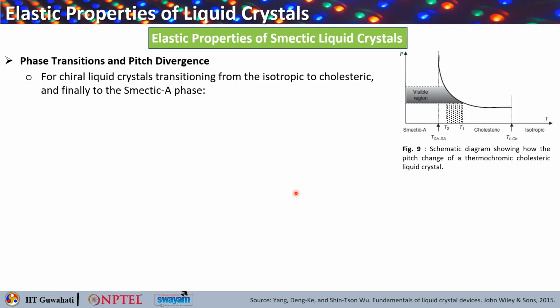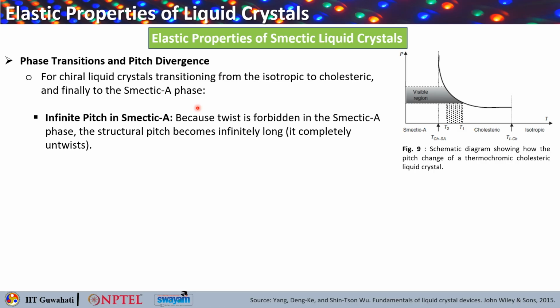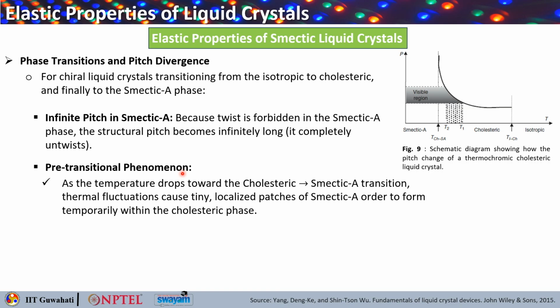Now, for these smectic liquid crystals, let us see the phase transitions and the pitch divergence. For chiral liquid crystals, we transition from isotropic to cholesteric and finally to the smectic A phase. In smectic A, the pitch is infinite, because the twist is forbidden in the smectic A phase. So, the structural pitch becomes infinitely long, that means it completely untwists. So, what is the pre-transitional phenomenon?